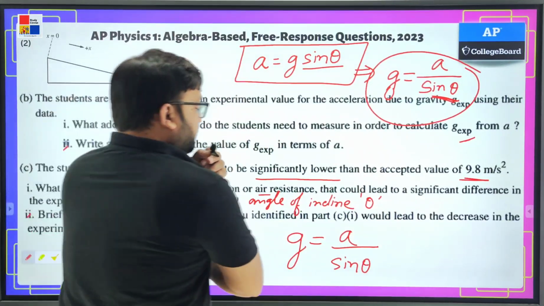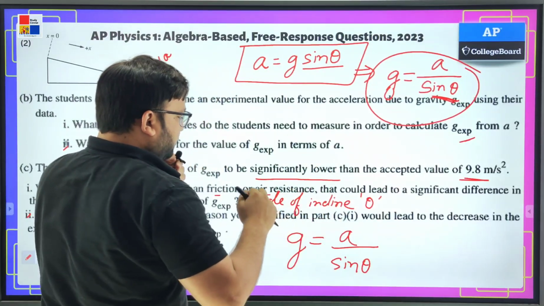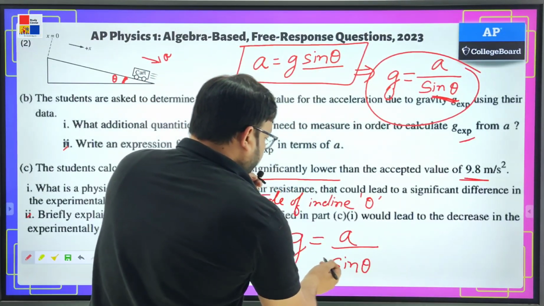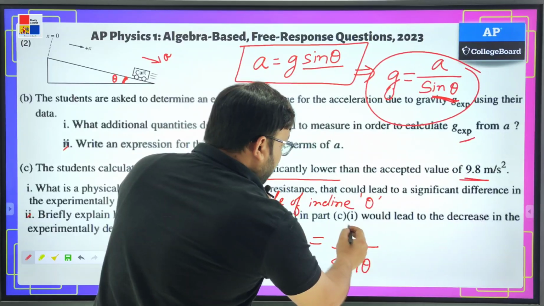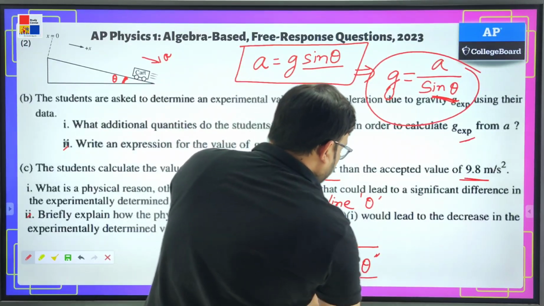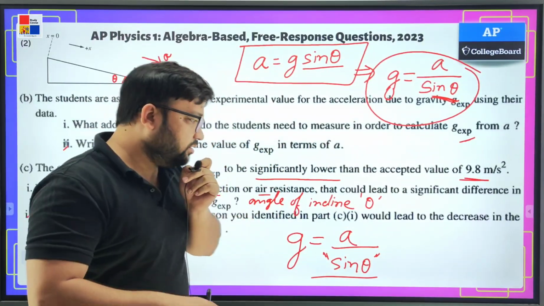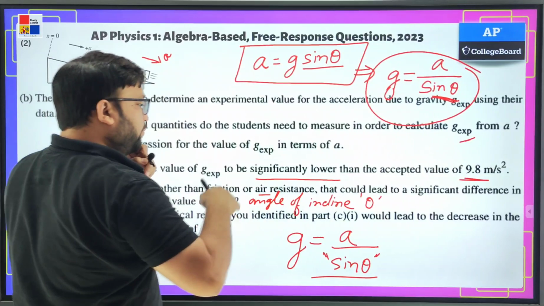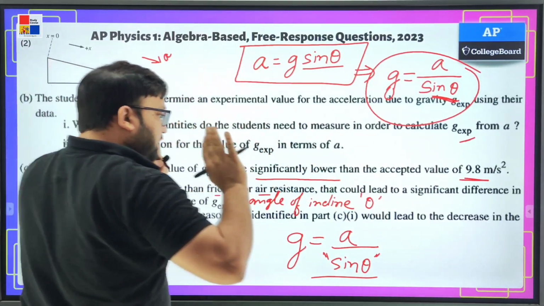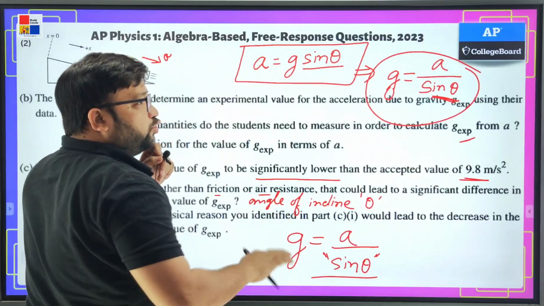That means how much he should have got, he is getting lesser than that. The A value is the same. So sine theta value, right? If sine theta value is lesser, the value of g calculated is more. If sine theta value is higher, the value of this g calculated is going to be lower.